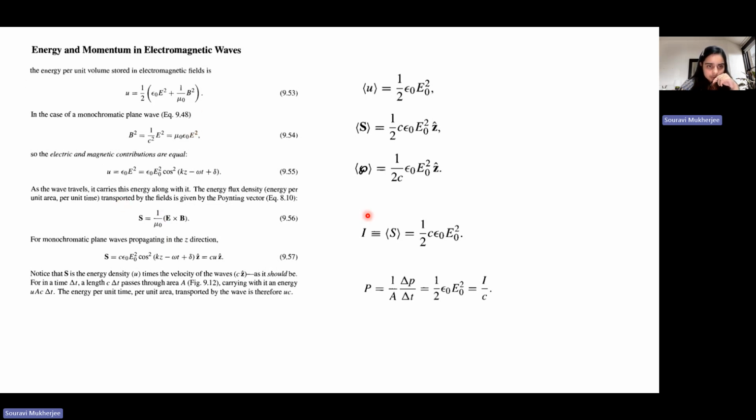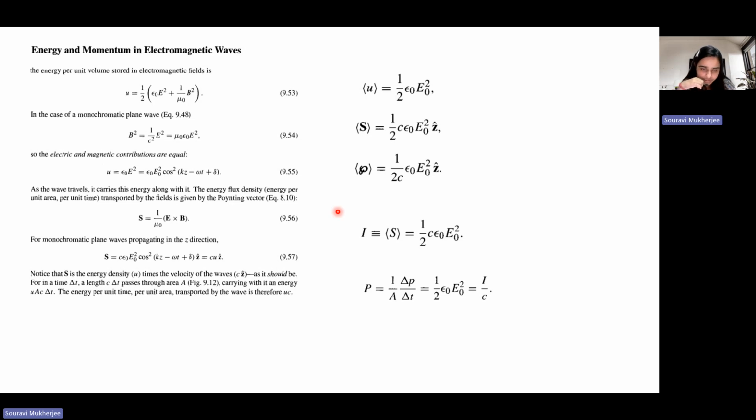You can try to find an expression. When you have this radiation going on, it carries momentum with it. So you can define the momentum of the wave, talk about how there's a change in momentum, and then associate it with some pressure.